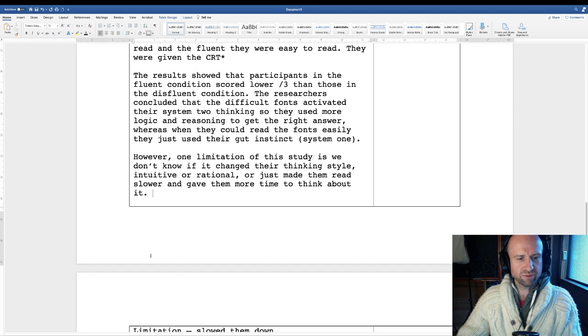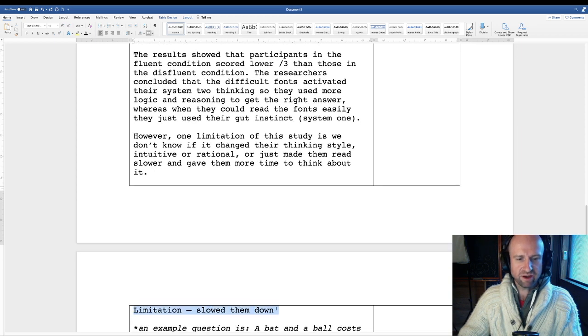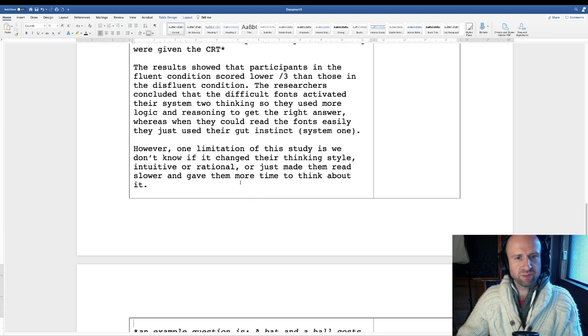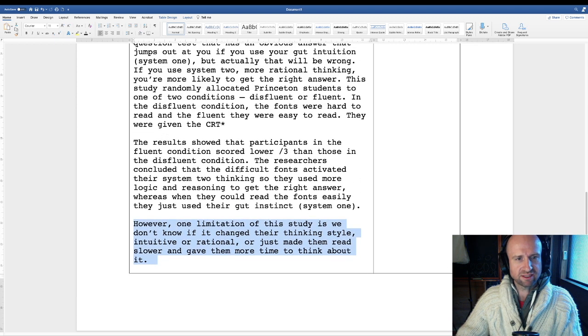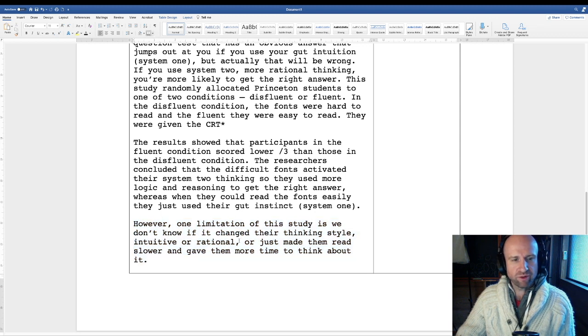Now, what's interesting with this limitation is, I'm cheating a little bit here because I read this study a couple of days ago and it's sticking in my mind. The limitation is that we don't know if they changed their thinking style or if it made them read slower. That was a limitation that the researchers themselves put in the original paper.